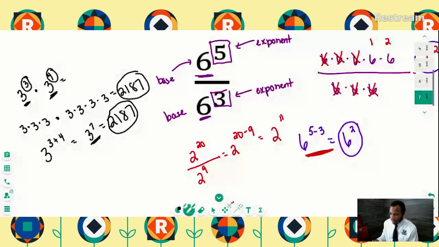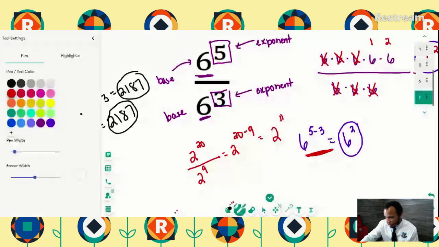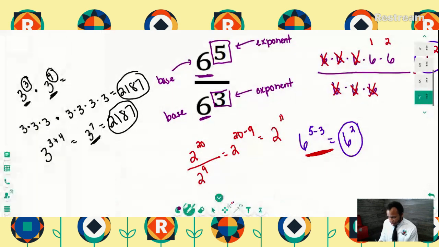So, for example, instead of having 3 to the 3rd power, let's say I gave you 3 to the 30th power times 3 to the 40th power. Now, to write all those 3s out would take too much time.